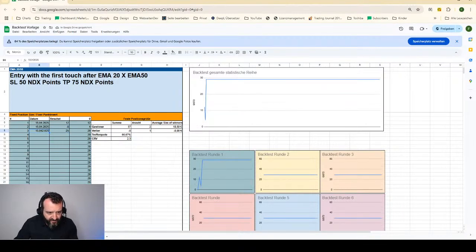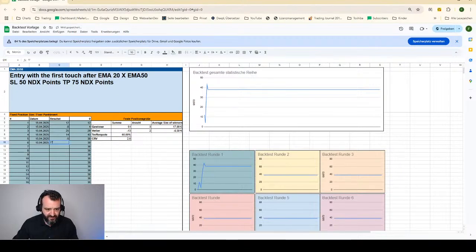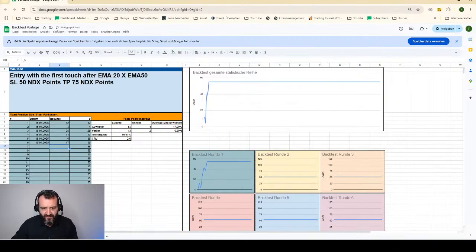Let me copy this quickly down a bit to save some time. I just want to show you how this is going to work. So then we have maybe 14, minus 5, 17, and so on. And you see that immediately the graph is working. This is the overall backtest result.